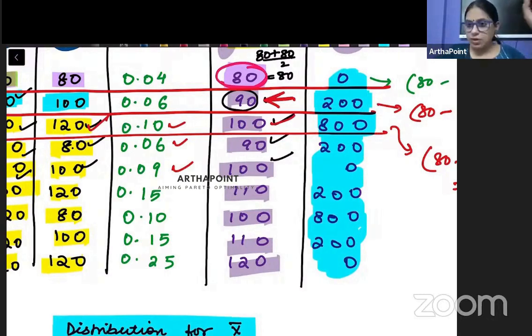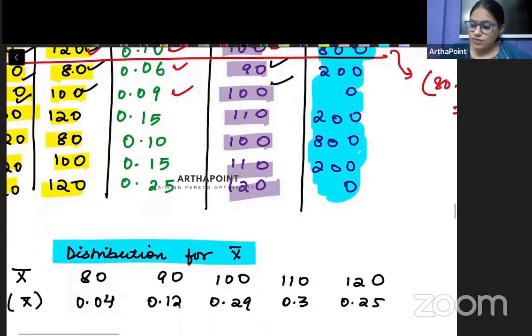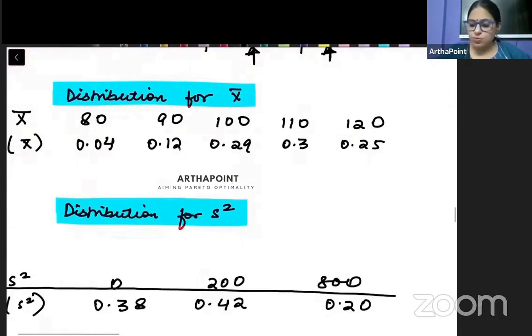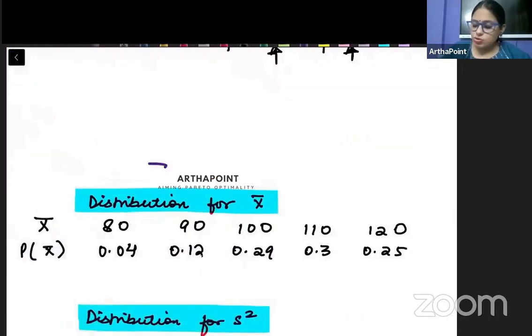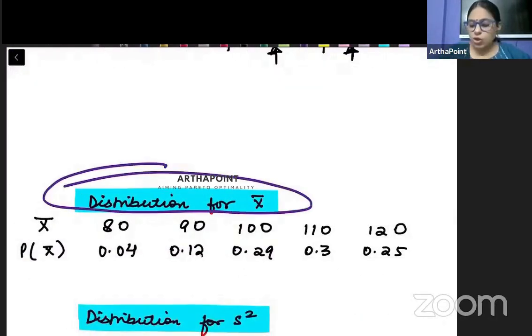So we have been able to find the mean of the individual sample, and we have also been able to find the variance of the individual sample. So we have been able to fill these two columns. Most important thing, but we want to talk about these distributions. In the last class, I explained to you that sample mean is a random variable.